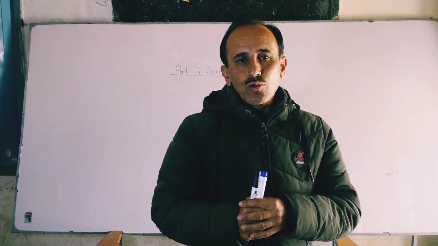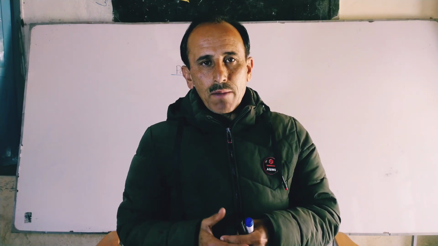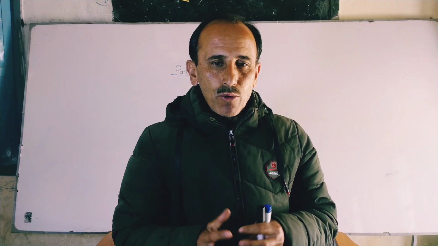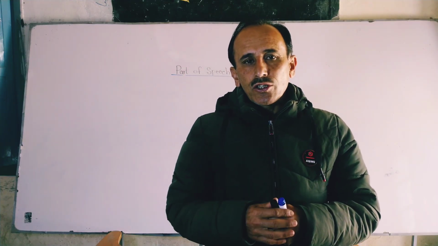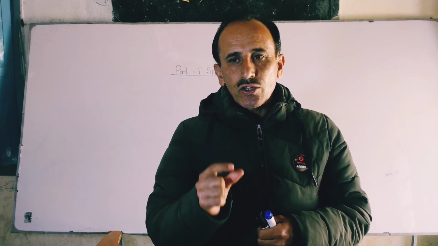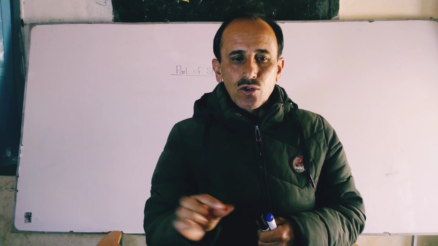In today's video, we will study parts of speech and how to use them in spoken English sentences, and why it is important to learn parts of speech. There are about 8 parts of speech which are very important in sentences.